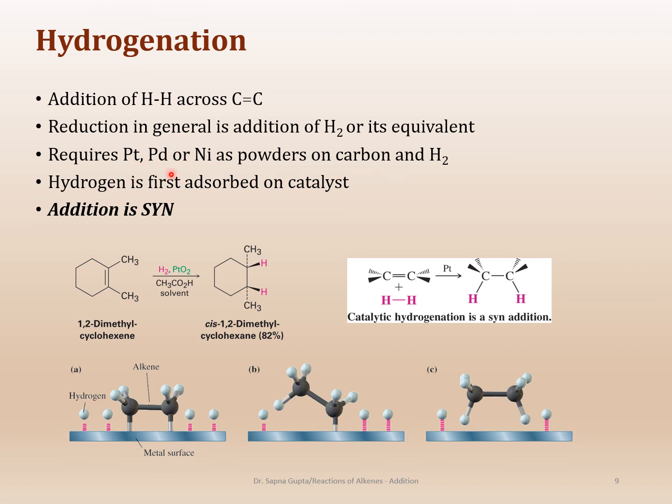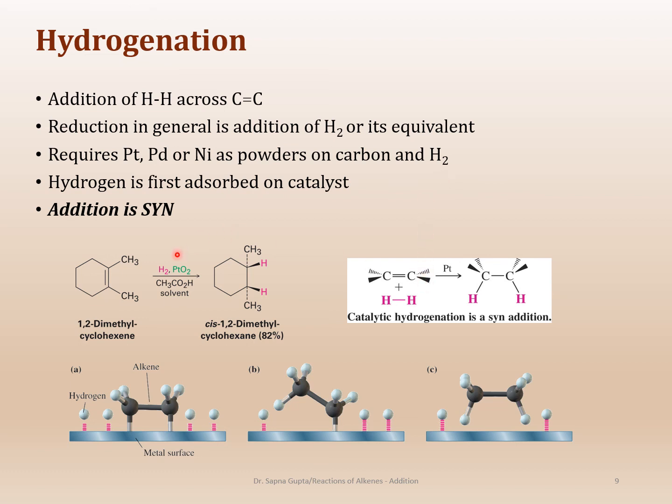If they're not used, then this reaction is very hard to do because hydrogen is a very small diatomic molecule, and because it's very small and light, it's always moving around, and it's very hard for it to be in the correct orientation with the alkene in order for it to react. So the platinum, palladium, or nickel provides the little background or the little surface that it needs to hold on to, and then it can do the reaction.